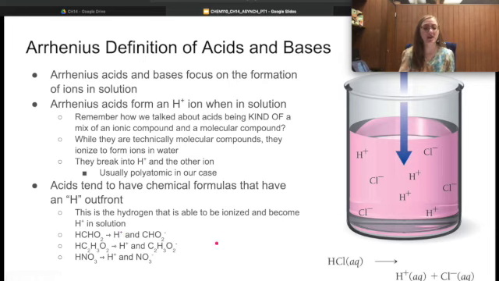I have a couple more examples here. This is our friend acetic acid, the acid in vinegar again, that we're using in our titration lab. It dissociates into H+ and C2H3O2, which is our acetate ion. So we can see that we have some sort of ion that we might be able to dissociate.